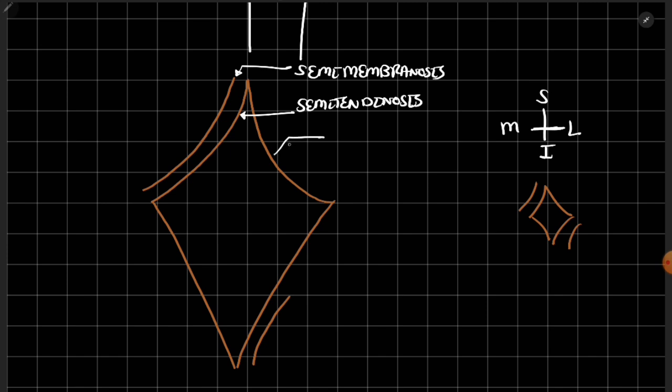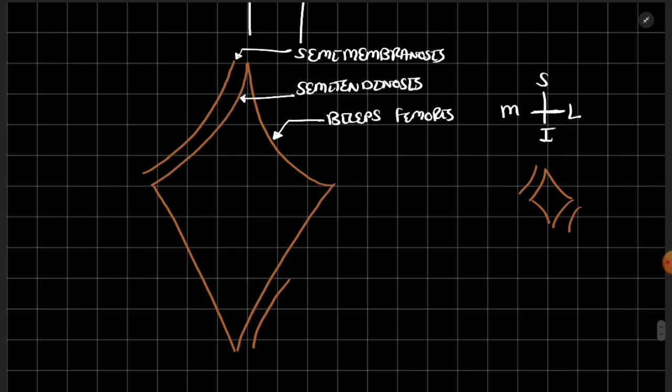On the lateral aspect, on the superior aspect, we have biceps femoris, long head. But we will write biceps femoris to avoid any confusion. Basically what happens, the short head and the long head fuse and come into the popliteal region.